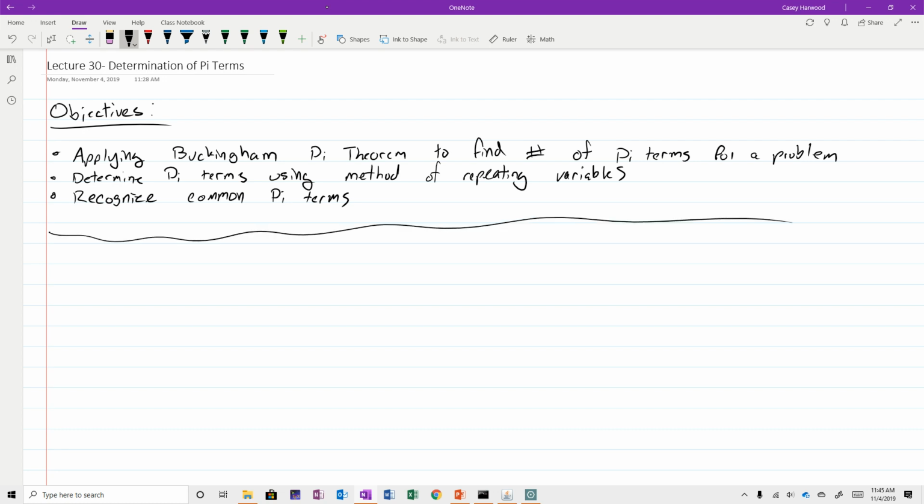So to quickly recap, right? In the last lecture, we proposed this problem that involved finding the pressure drop across a distance of pipe without knowing anything about the pipe beforehand. Or rather, being able to take a design specification for a pipe from engineers and evaluate those designs in a completely different setting.